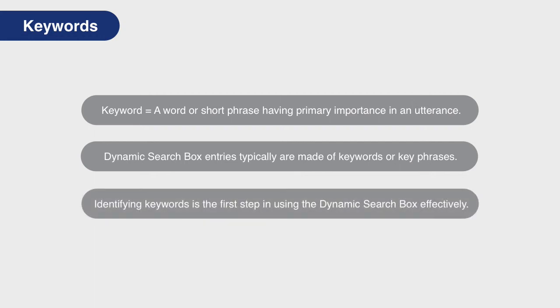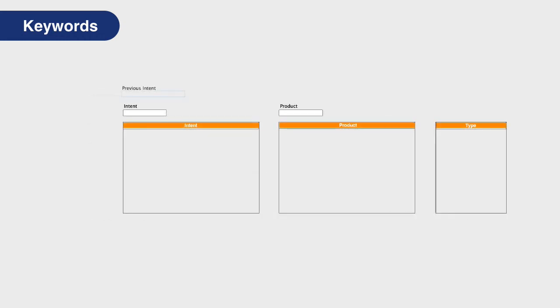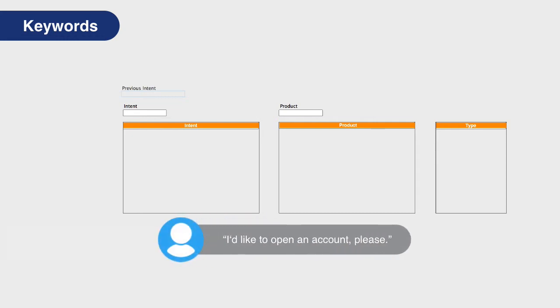Therefore, identifying keywords is the first step in using the dynamic search box effectively. For example, if the caller says, "I'd like to open an account, please," you need to identify the keywords open and account because they contain the specific information needed to move the call forward.